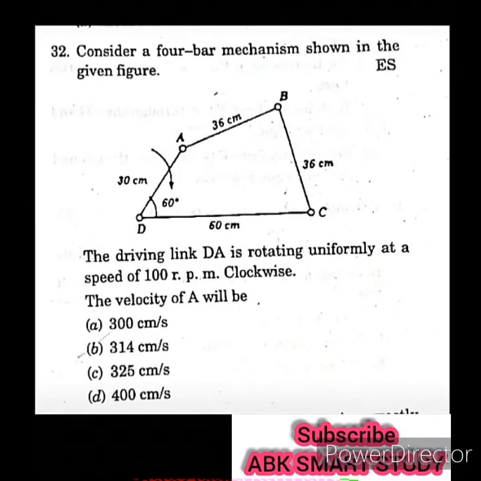Next question. Consider a 4-bar mechanism shown in the given figure. Here the driving link DA is rotating uniformly at a speed of 100 rpm clockwise. Then the velocity of A will be, we know velocity is equal to r into omega. Omega is equal to 2 pi N divided by 60 and r is equal to 30.